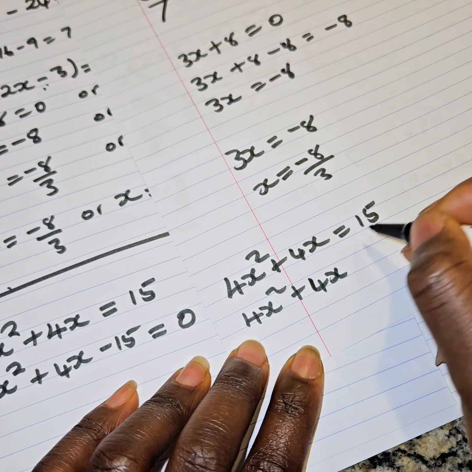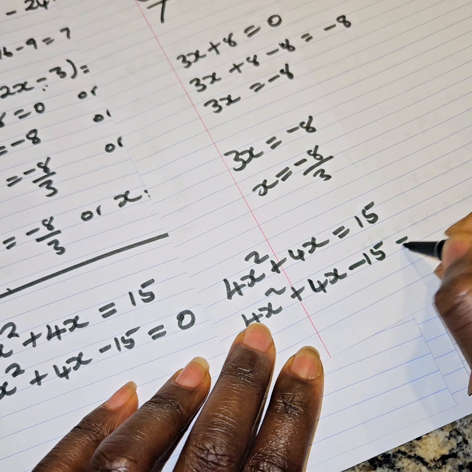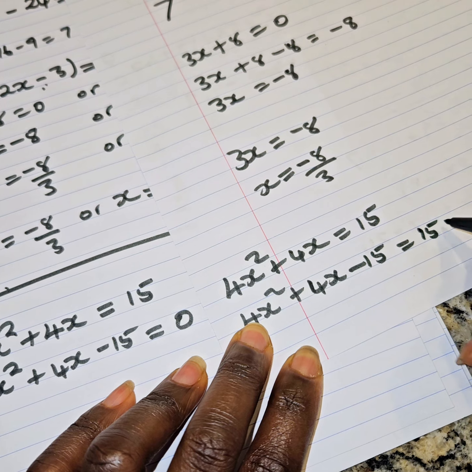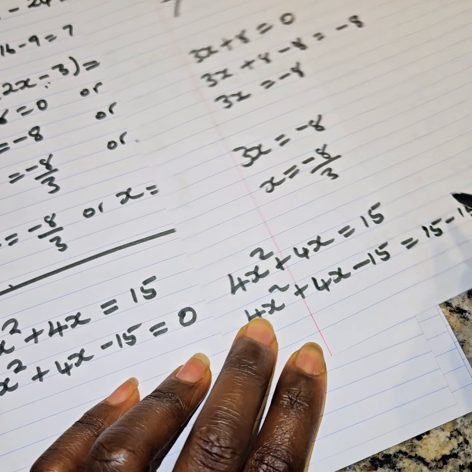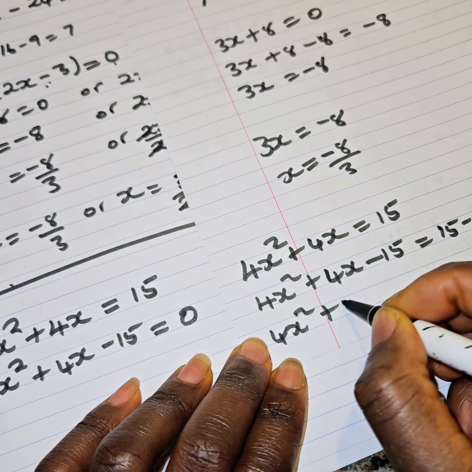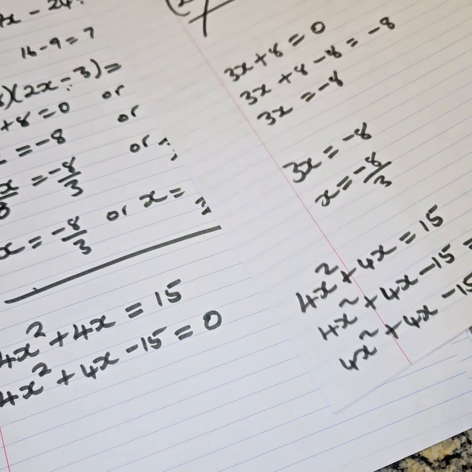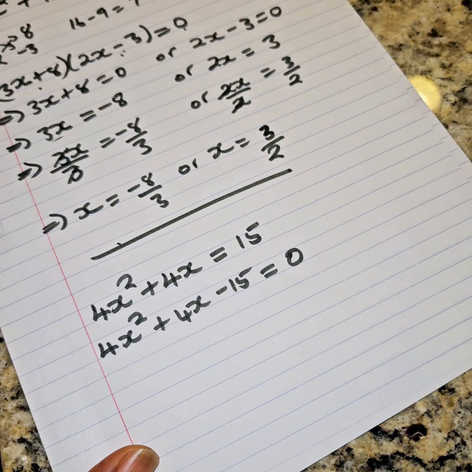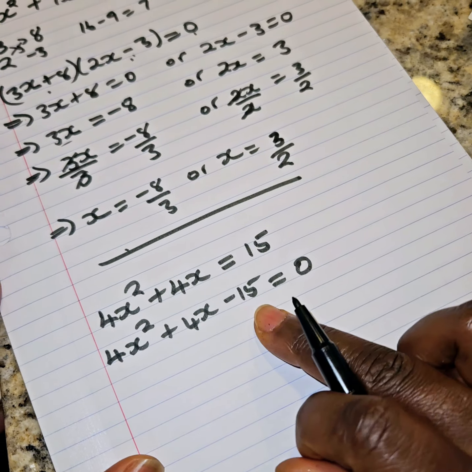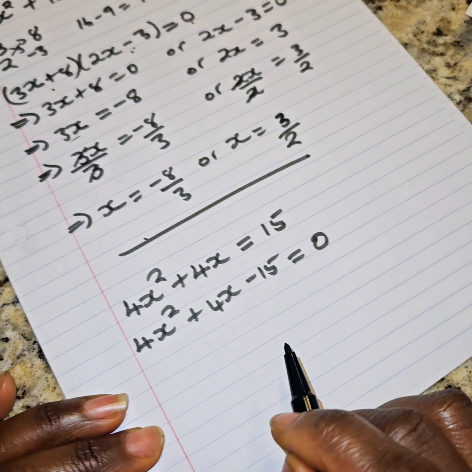Why am I taking away 15? Because I want to get rid of this 15 on this side. Minus 15 equals 15 minus 15. This will become 4x squared plus 4x minus 15 equals 0. That is the same equation I have here. But I knew that I could just bring it to the side and it becomes that.